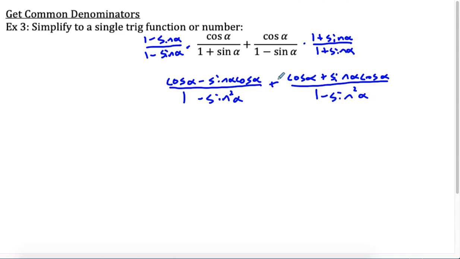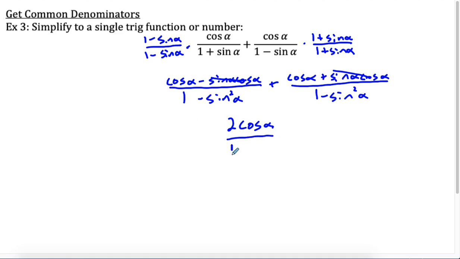So now, whenever we're adding fractions, we just add the numerators together. I've got negative sine of alpha cosine of alpha plus positive sine of alpha cosine of alpha. Those end up canceling out, and in the numerator, we're just left with 2 cosine of alpha. Cosine plus cosine would be 2 cosine.